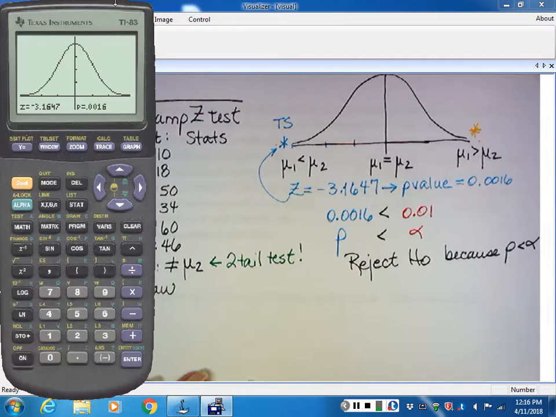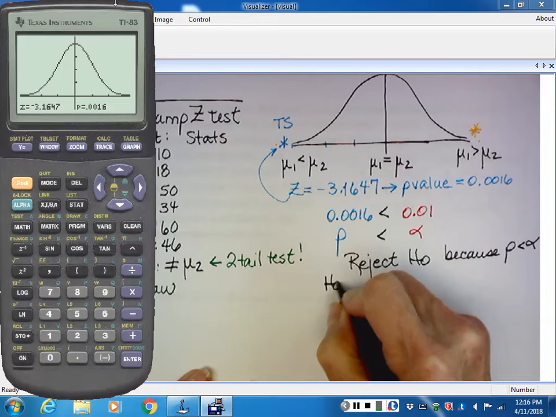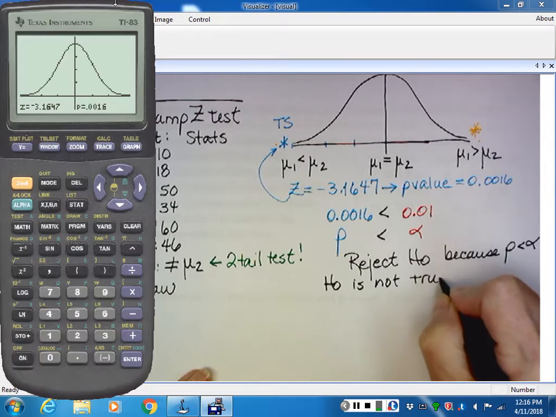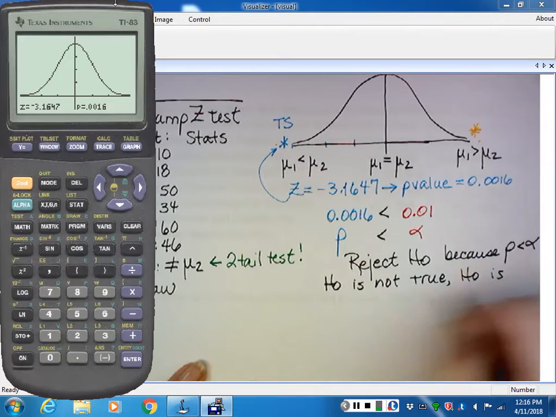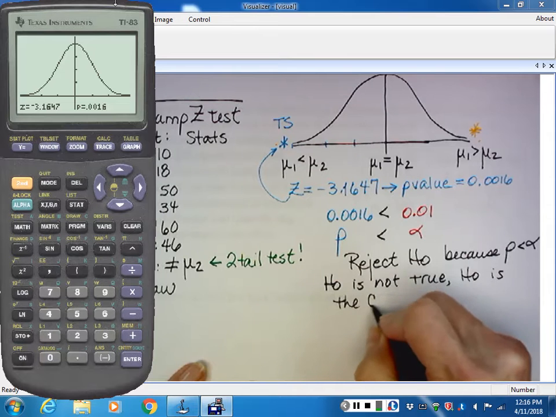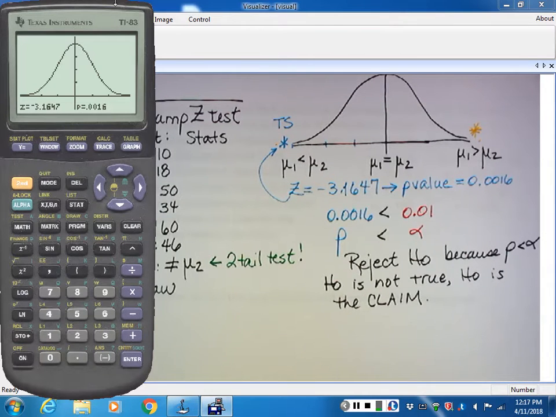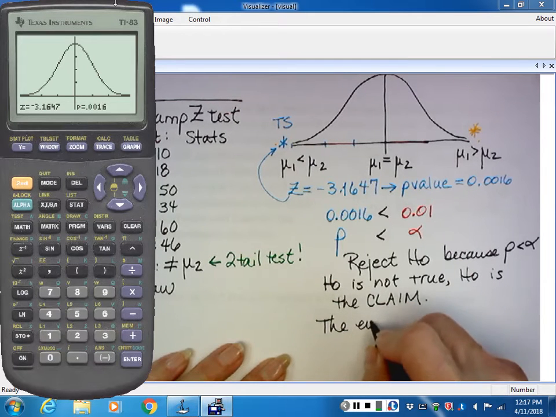There's no evidence to support the claim. H0 was the claim. Therefore, the evidence does not support H0.